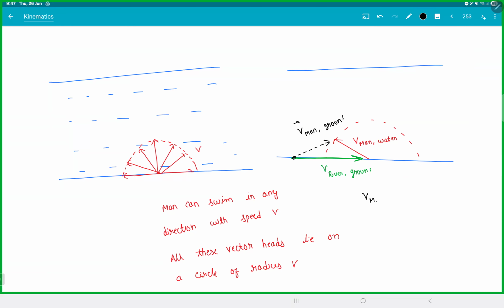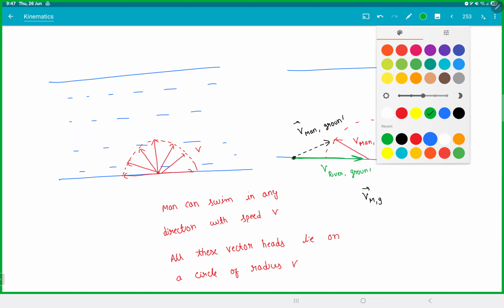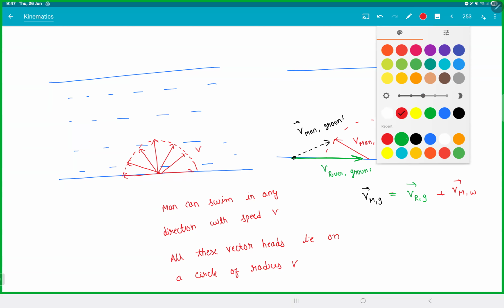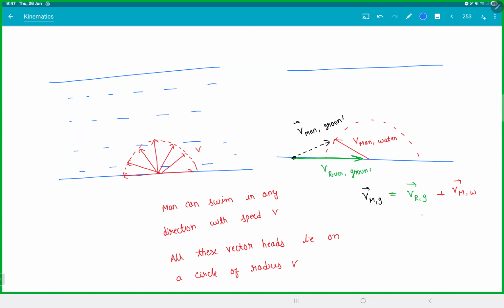So velocity of the man in the ground frame is nothing but velocity of the river with respect to the ground plus velocity of the man with respect to the water. You can just rearrange the terms, you will see. The velocity of the man with respect to water is nothing but velocity of the man with respect to ground minus velocity of river with respect to the ground. You just subtracted it. If you just shift it, you'll get it like this.